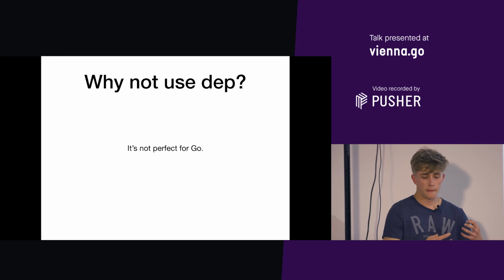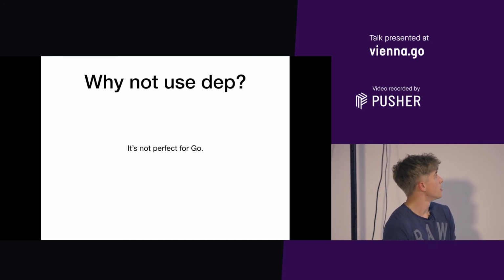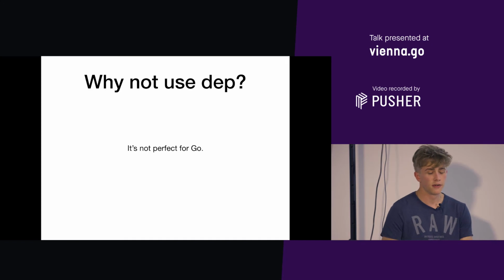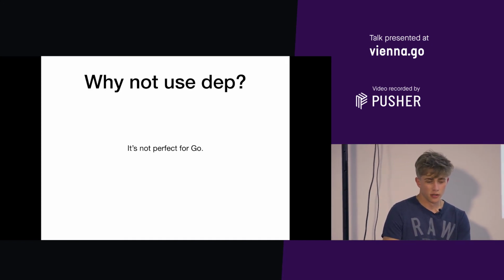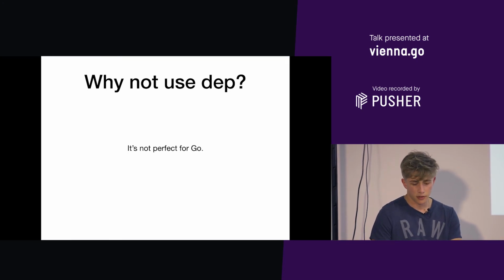It wasn't what Go developers would want, or they thought it wouldn't be, because they don't want to break anything with Vgo. They want to let developers keep their workflows, and this wasn't really possible with the structure of dep. So yeah, they decided not to use dep and go with Vgo instead.